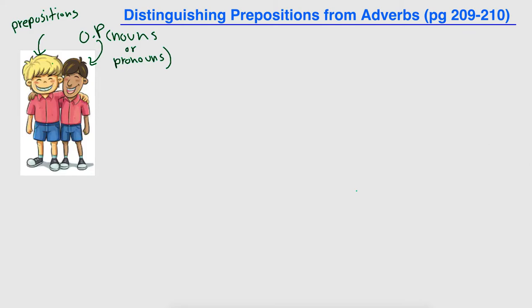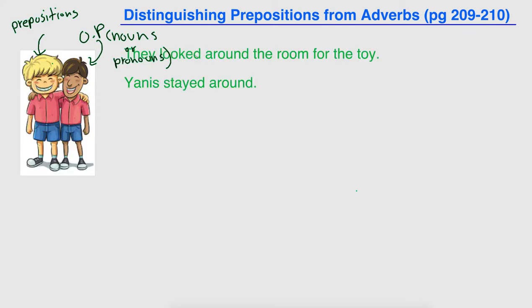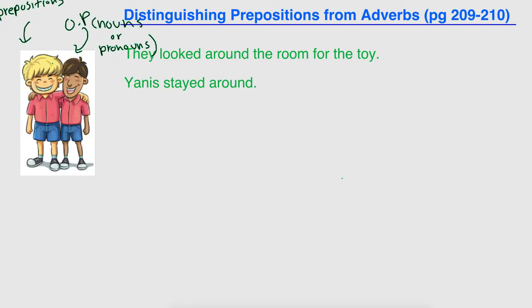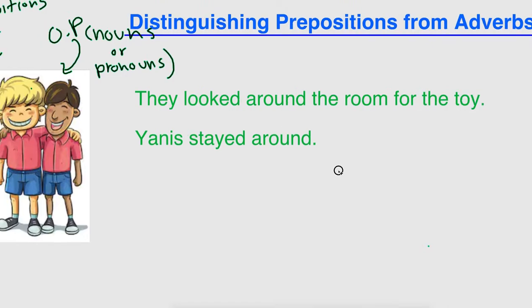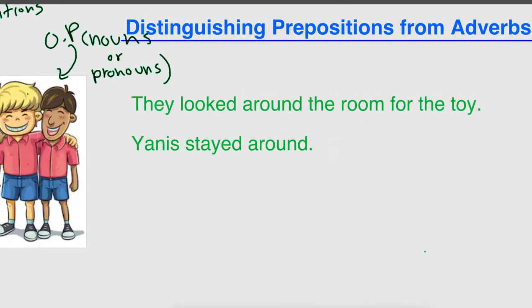Okay, let's go over some things real quick. Here are a couple of examples. The first one is: they looked around the room for the toy. So what's the preposition here? Look for the preposition word.